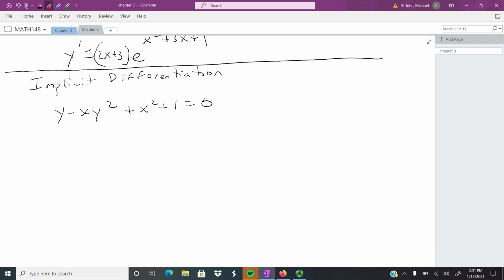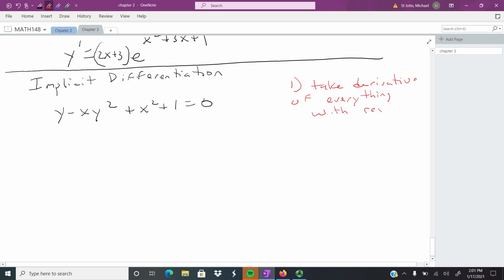So first off, we're going to take the derivative of everything with respect to x. And so we go through, and the derivative of y with respect to x is going to be dy dx.